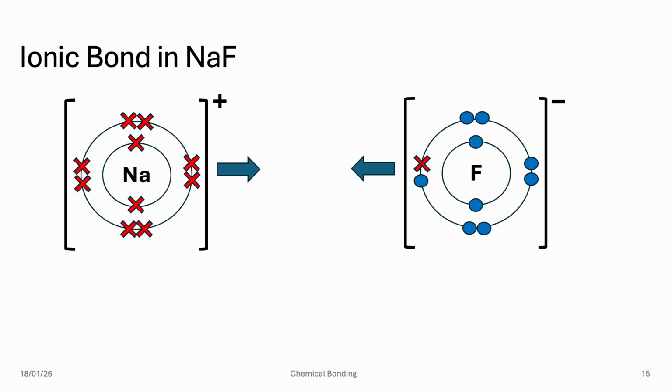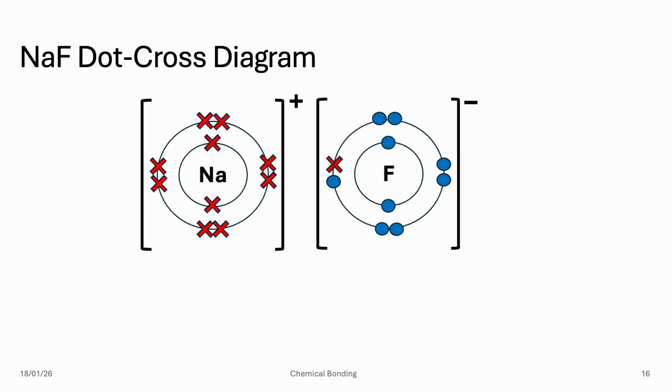Sodium becomes plus, fluorine becomes negative, or we call it fluoride. Then there will be attraction between the two of them, and this attraction forms the ionic bond. So for the dot cross diagram of the ionic bond in sodium fluoride, just put them together like this. This is enough for the sodium fluoride dot cross diagram.